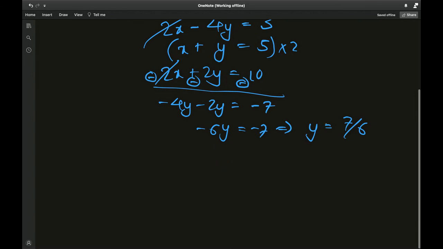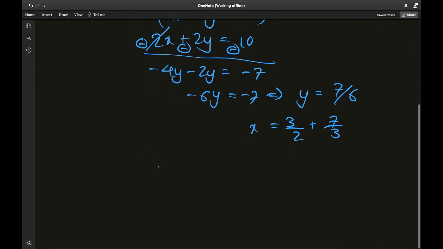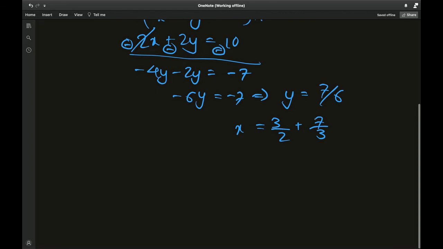Okay, and then if you plug this value into any of the equations, you get that x is 3 by 2 plus 7 by 3, which is like 9 plus 14, which is 23 over 6.